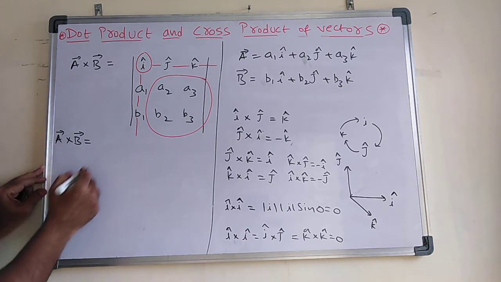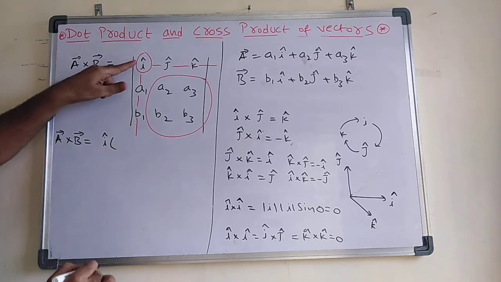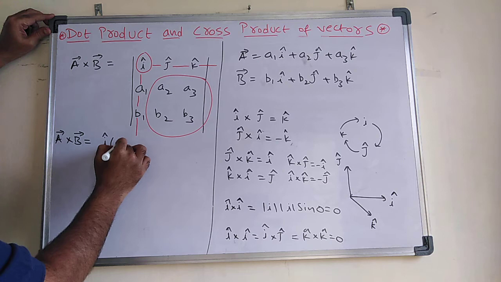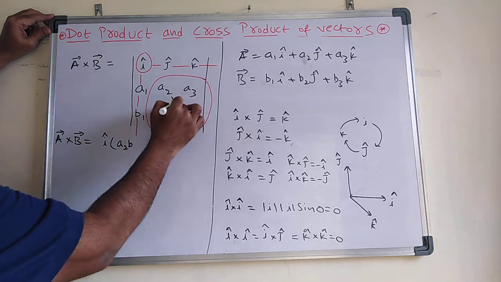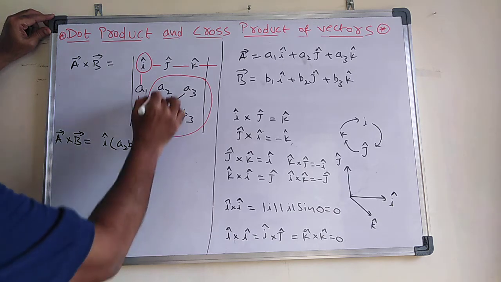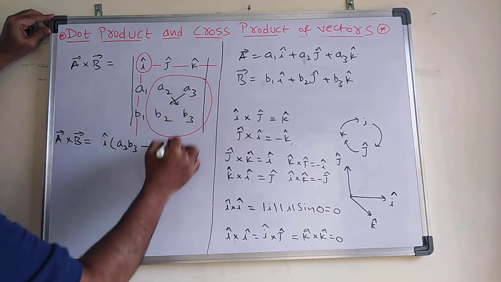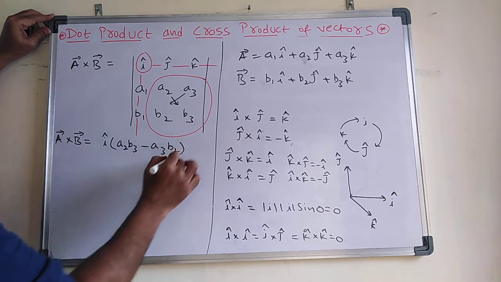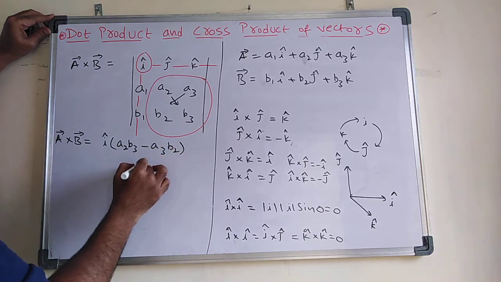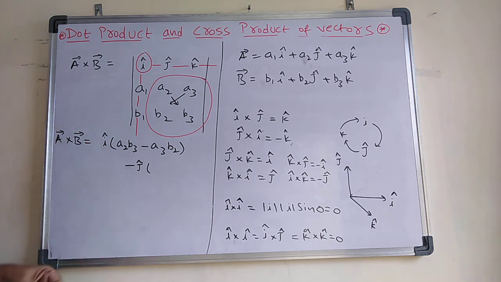So a cross b is equal to i multiplied by a2b3 minus a3b2, ad minus bc. Then minus j cap: first you take plus, then you take negative.